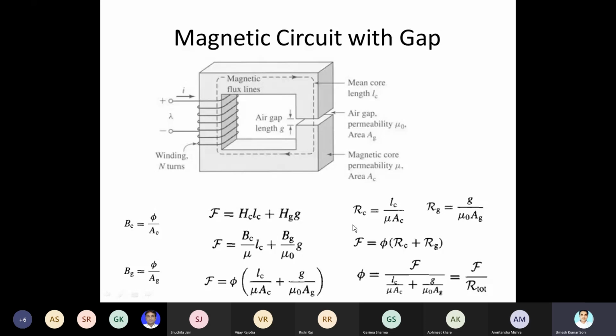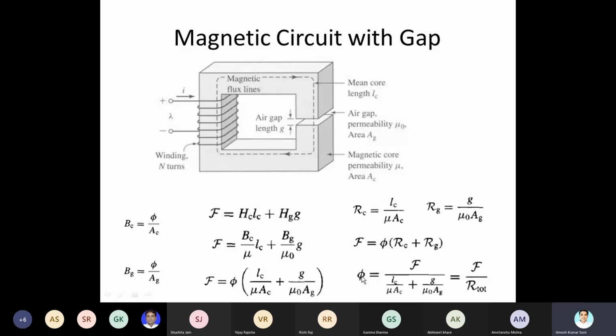So here BC equals phi upon AC and BG equals phi upon AG. This is also shown here. You can see these two reluctances are given here. We are replacing now. So the total MMF Ni set up by current I in N number of turns in the coil is equal to phi into the reluctance of the core plus the reluctance of the air gap.